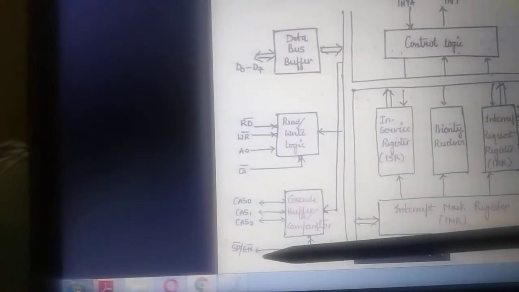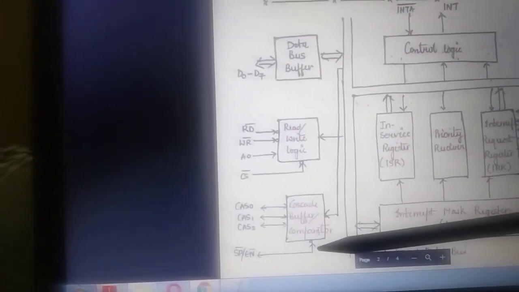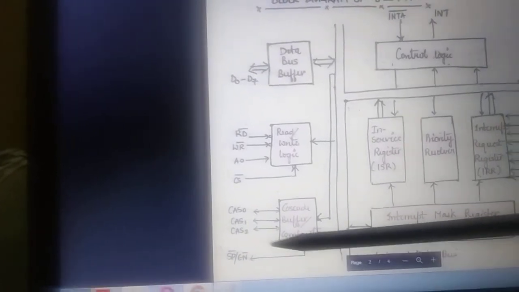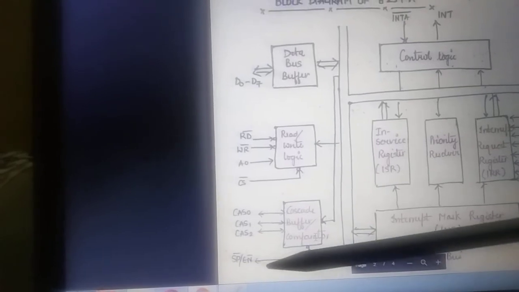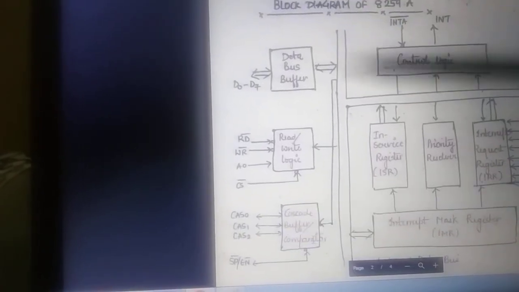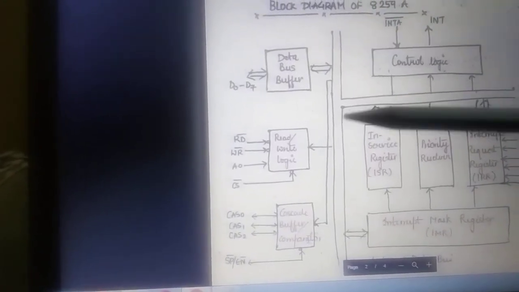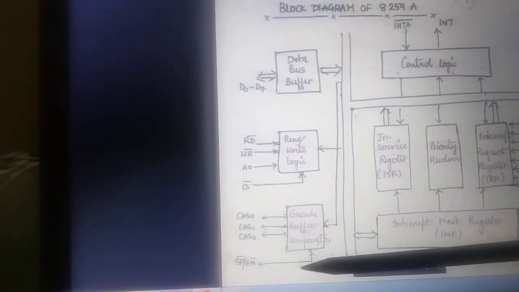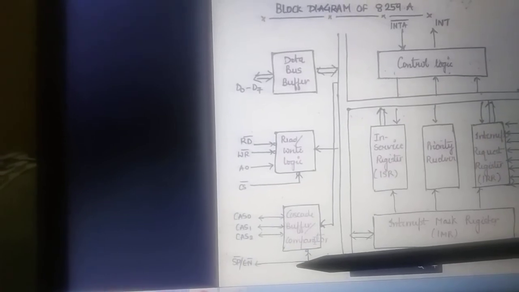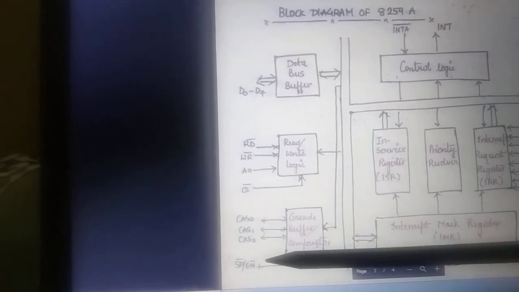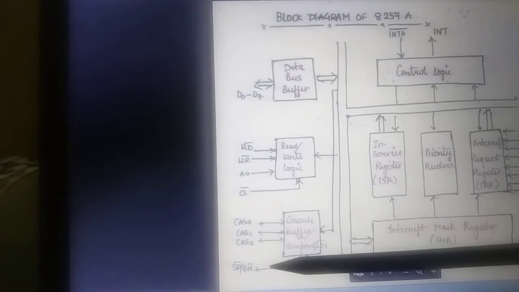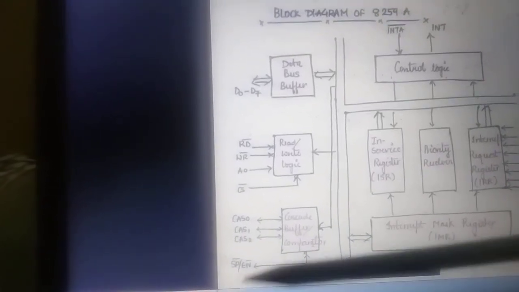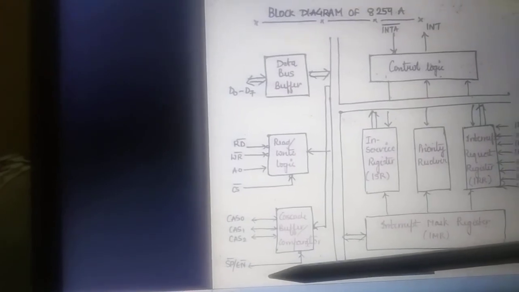Here the pin SP bar / EN bar is used to enable the slave IC or the master IC. The value at this pin will tell you whether 8259 is working in slave mode or in master mode. If the signal at this pin is 0, then 8259 will work in slave mode, and if the signal at this pin is the maximum voltage, say 5 volts, that is logic 1, then it is working in master mode.